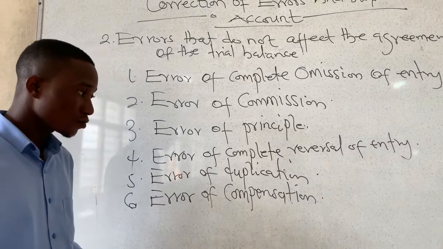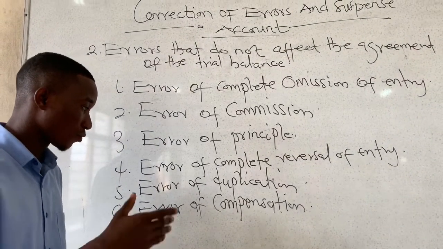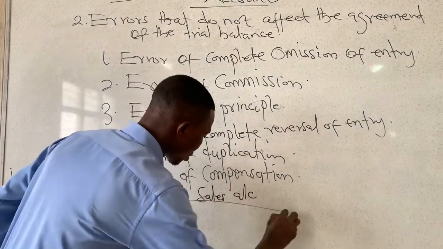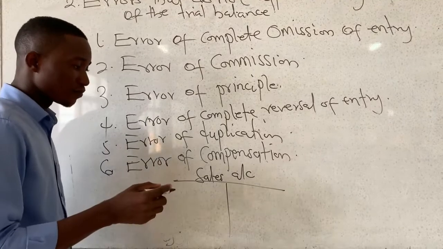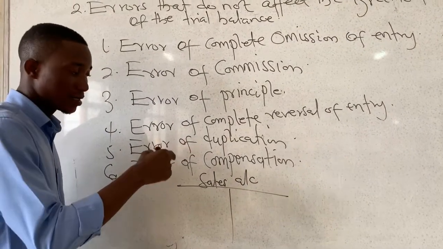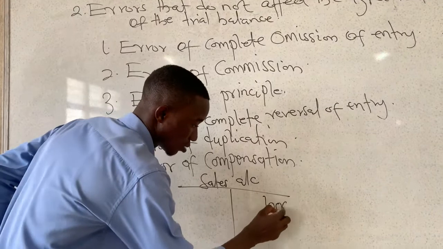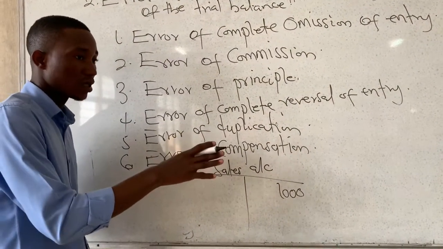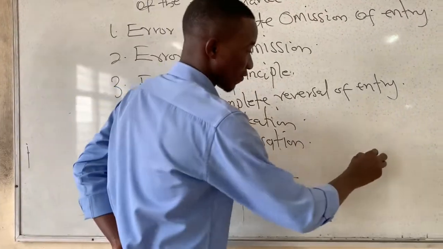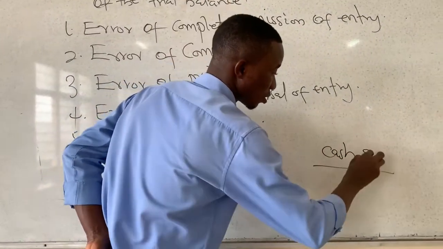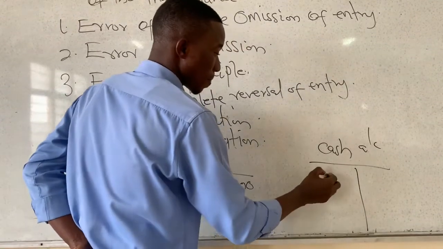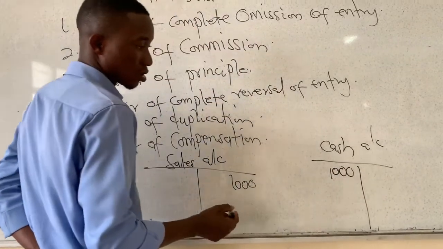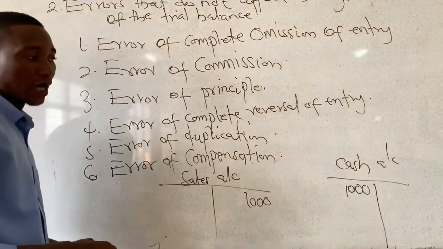Let's say that we have a sales account. You've mistakenly overstated the sales account by $1,000. On another day, you have a cash account somewhere, and you mistakenly debited, or overstated, the cash account by the same $1,000.